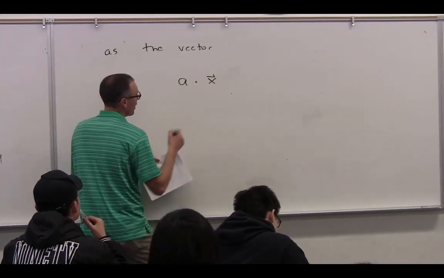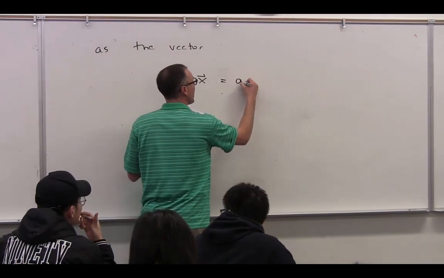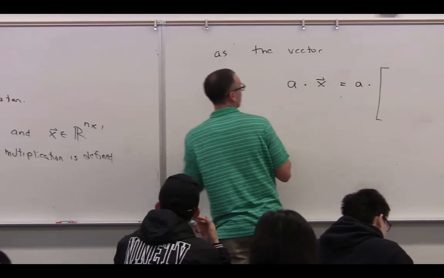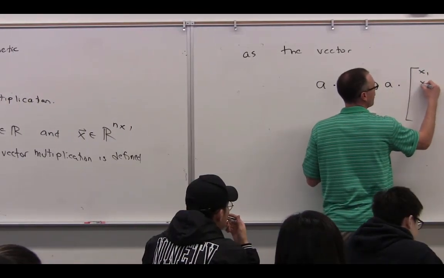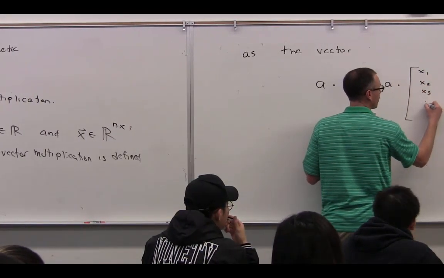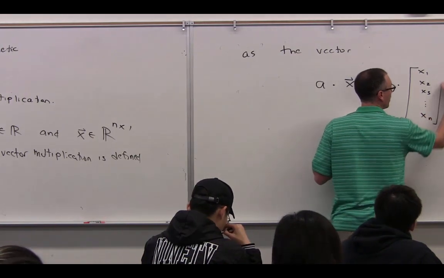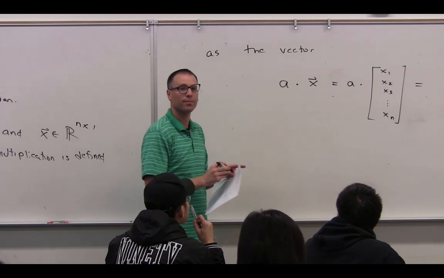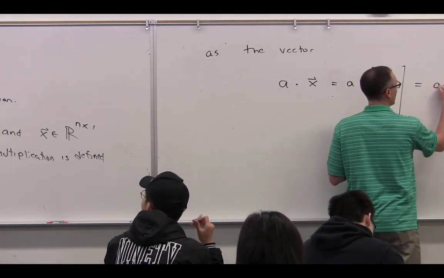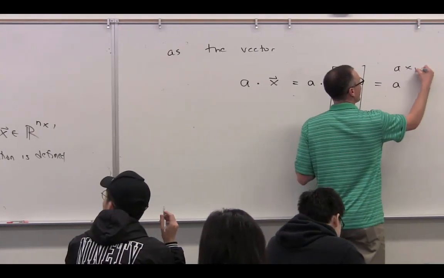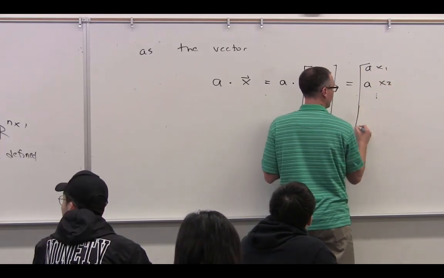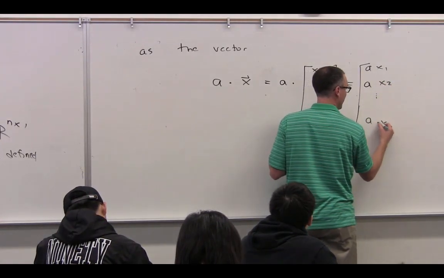And the reason that we would, yeah, so I'll talk about that in a second. So let's see, this is a times, what does x look like? Yeah, these are called the coefficients of that vector, x1 all the way down to xn. Could you guess what scalar vector multiplication does? Yeah, so this is a x1, a x2, all the way down to a xn.